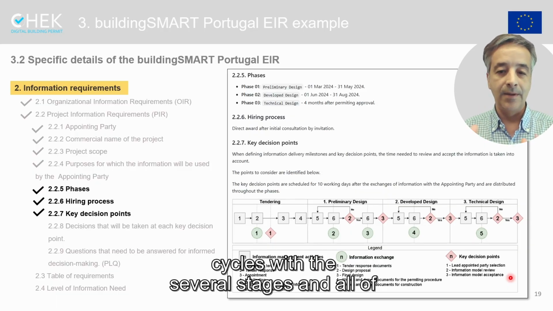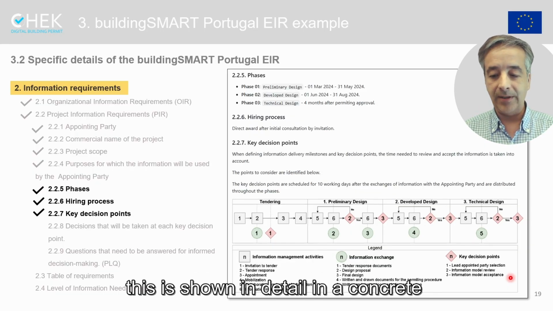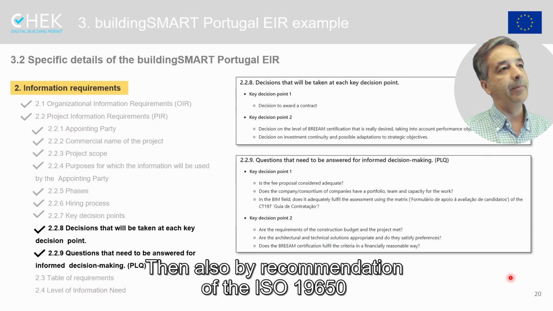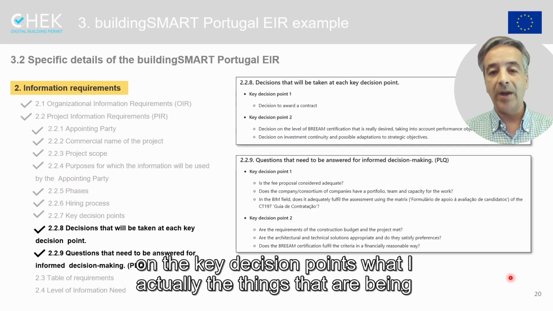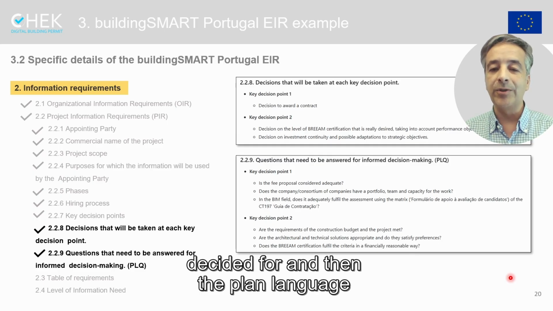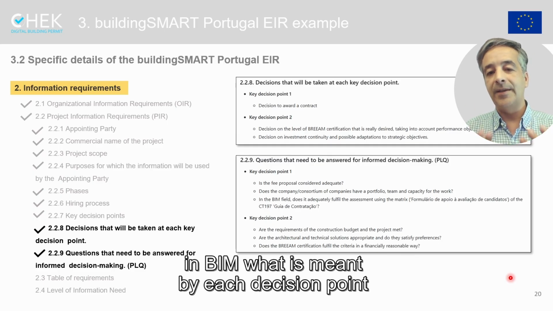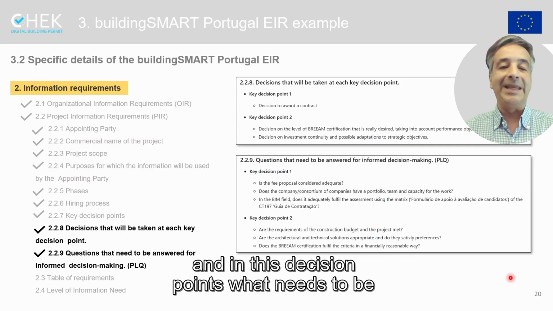And all of this is shown in detail in a concrete example in this EIR. Then also, by recommendation of the ISO 19650, on the key decision points, what are actually the things that are being decided, and then the plain language questions, which is, even for non-experts in BIM, what is meant by each decision point, and in these decision points, what needs to be answered.